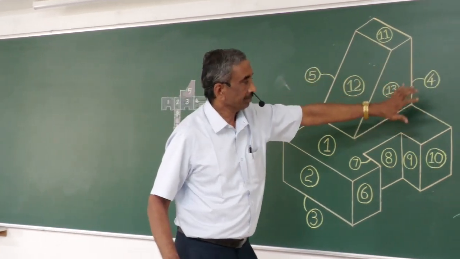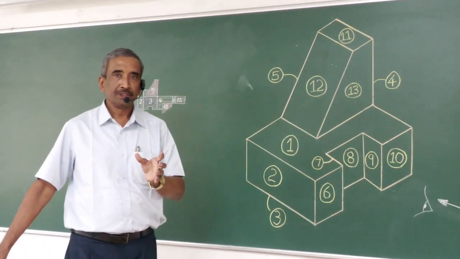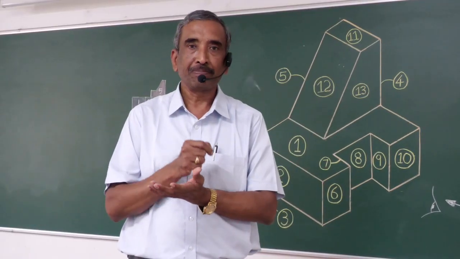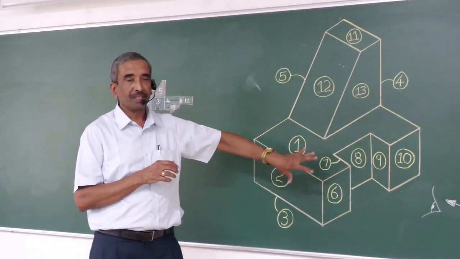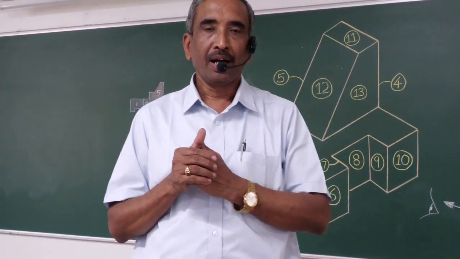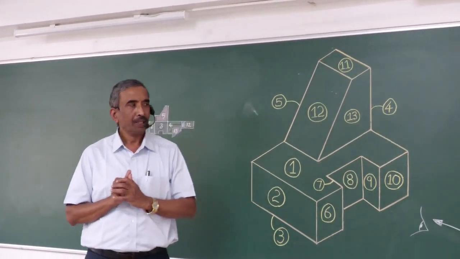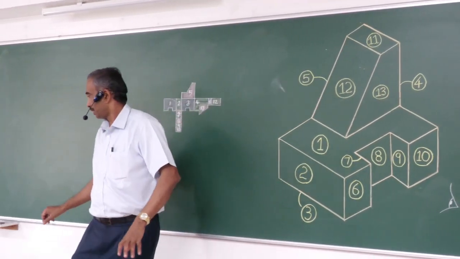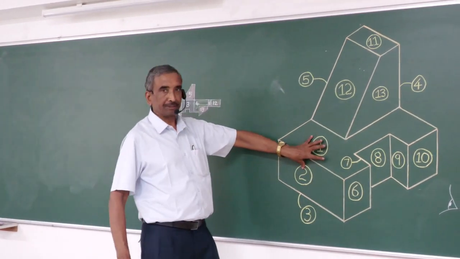Now, we will be seeing this drawing. I request the students to take a paper as well as a pen. Try to draw this drawing as I am explaining the various features. I too will be drawing on the board. Now, you can consider this drawing or the model as two different parts.